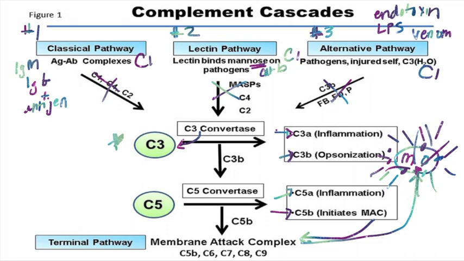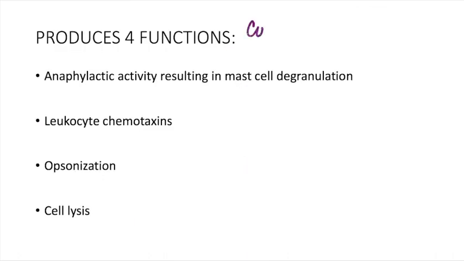We then go to C5. C5 convertase is going to give us C5a and C5b. These are also involved, C5a in inflammatory response, and then C5b initiates MAC. When we're talking about inflammation, we are recruiting more leukocytes. So chemotactic factor is complement's main function.